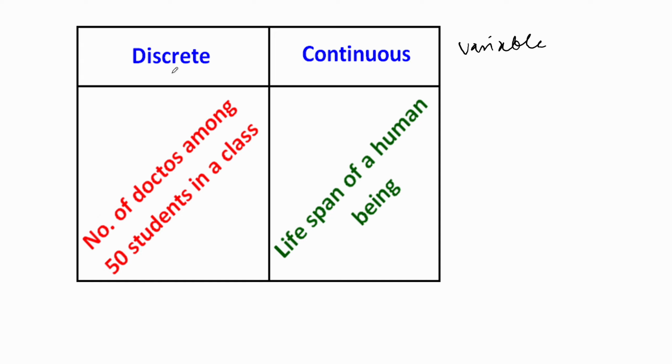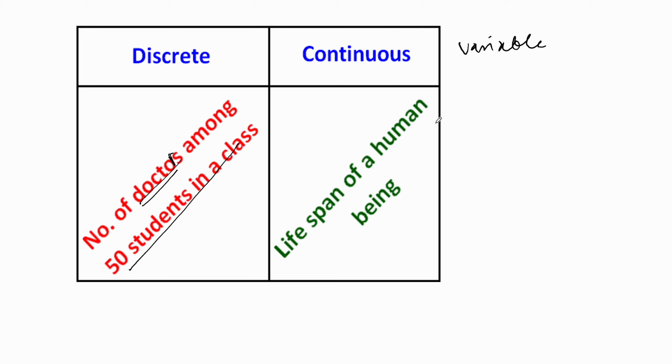Ang discrete variable is any variable na nabibilang. Nabibilang mo siya by hand. As yung continuous naman, ito yung mga variable na hindi mo na nabibilang. Let's say for example, ang discrete variables, number of doctors among 50 students in a class. So you have given na 50 students sa class at mabibilang mo naman doon kung sino ang doctor, di ba? Sa continuous naman, lifespan of a human being.